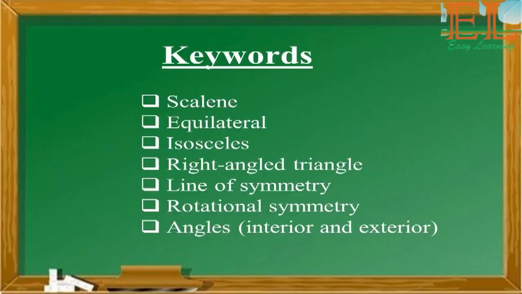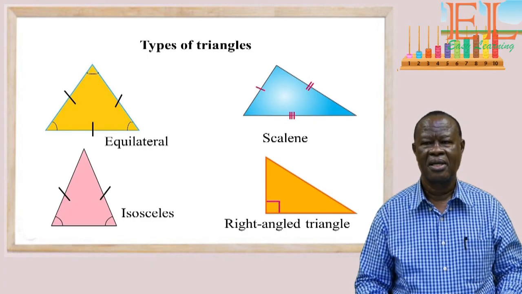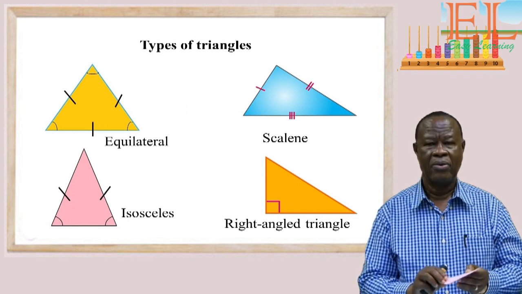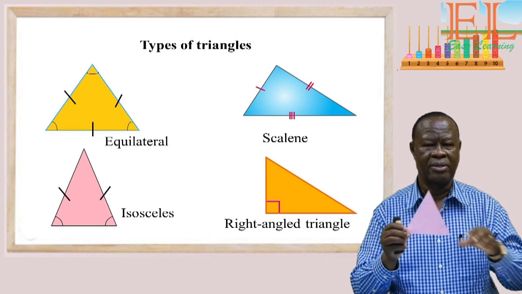And then angles, where we talk about interior and exterior angles of a triangle. Our resources are cutouts of types of triangle. We have an equilateral triangle, isosceles triangle, scalene triangle, and then right angle triangle.